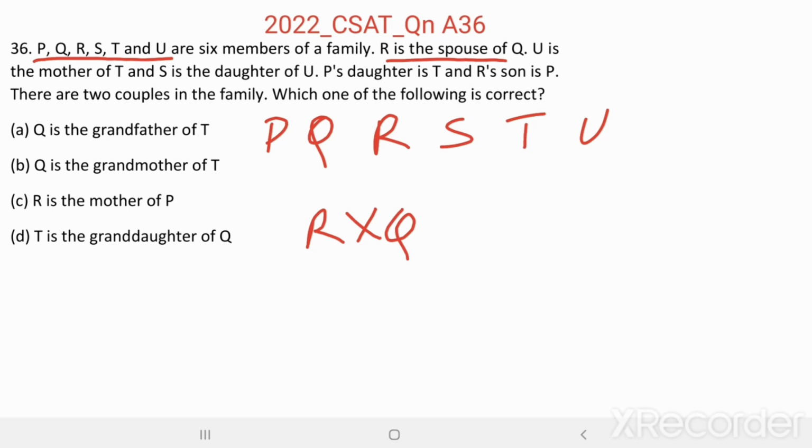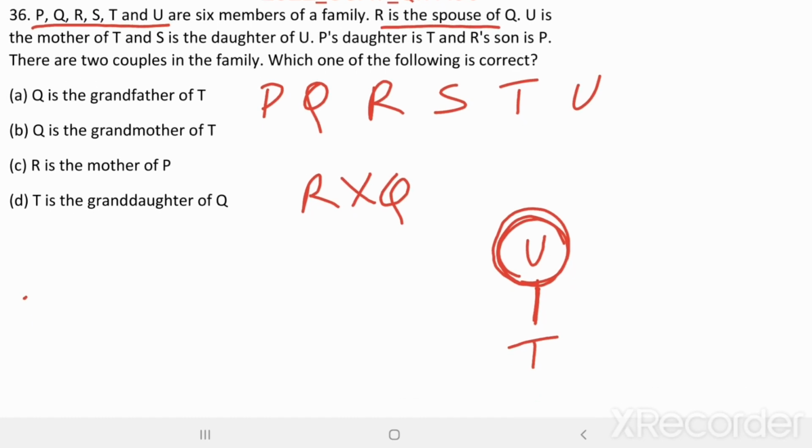U is the mother of T. The relationship between 2 generations I am representing with a vertical line, and female members in a circle. Here U is mother of T. S is the daughter of U.